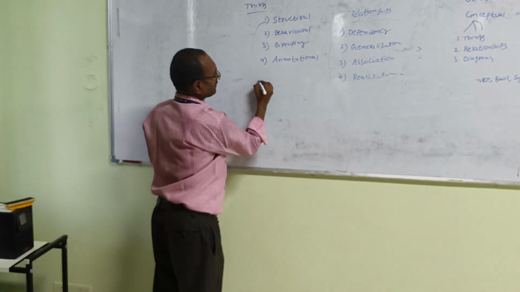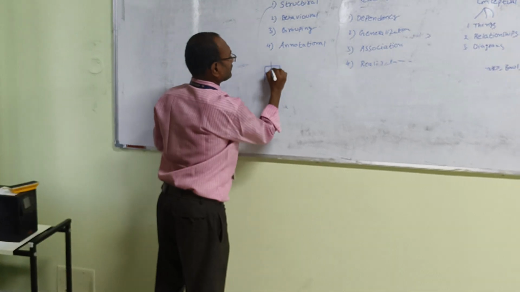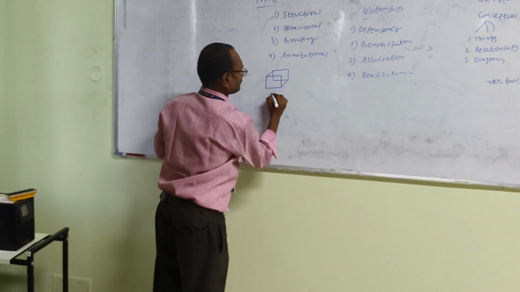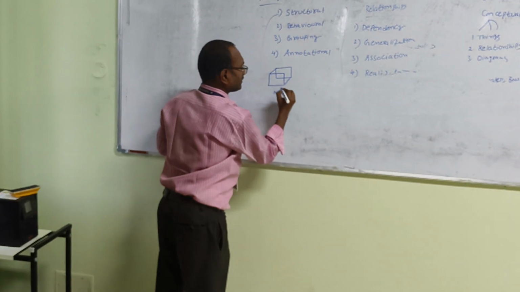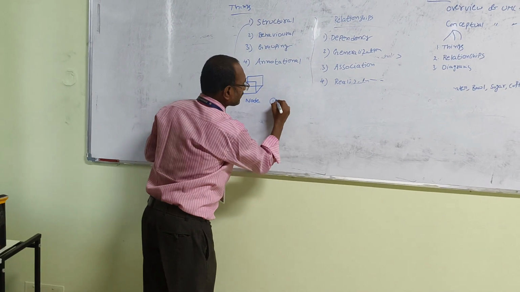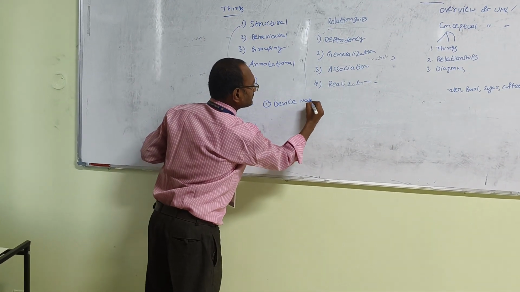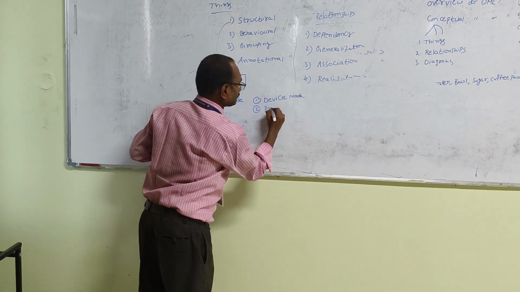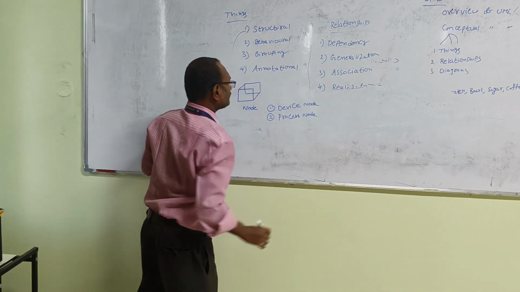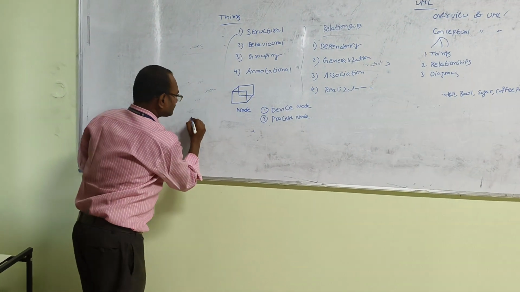Next is the deployment diagram. It is represented as a node symbol. These nodes are divided into two types: first, the device node, and second, the processor node or process node.